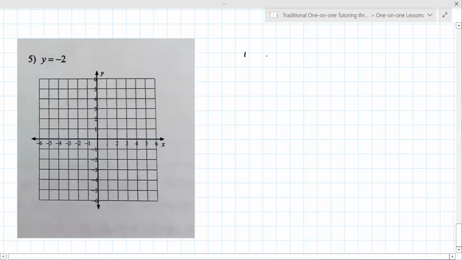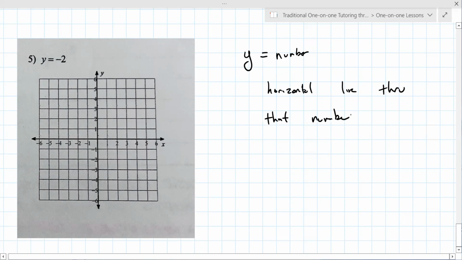Whenever you have a graph that's y equals a number, you're going to have to remember this: this is a horizontal line through that number. Through that number, it goes through that number.